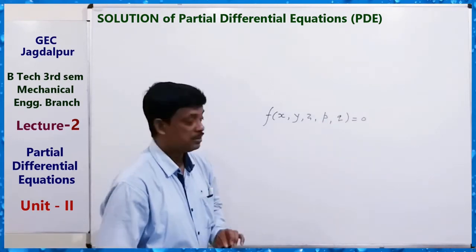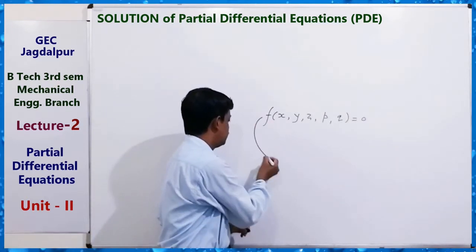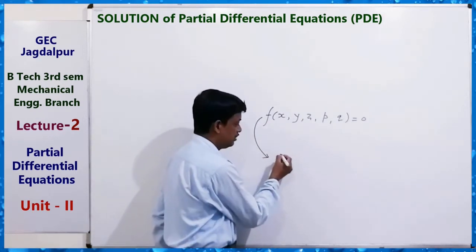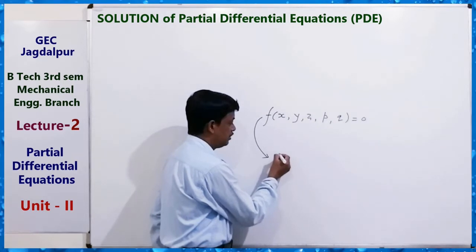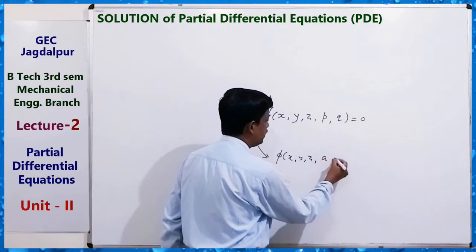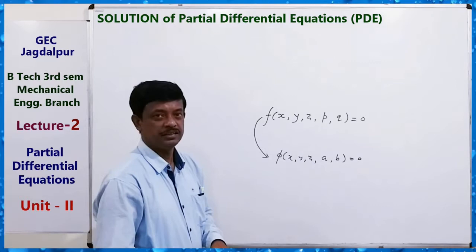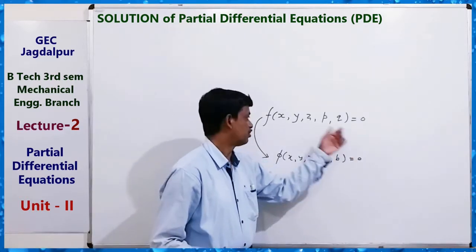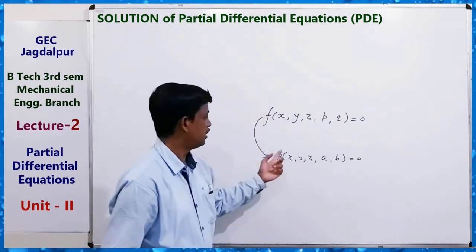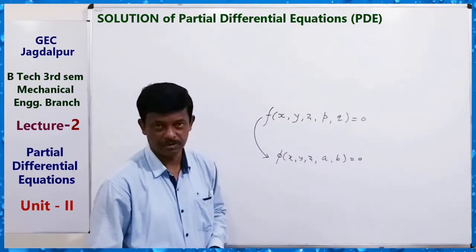From this relation, if we can find a relation between x, y, z and two arbitrary constants a and b by applying some process, then this is a solution of the partial differential equation.